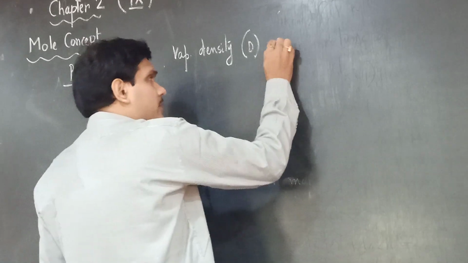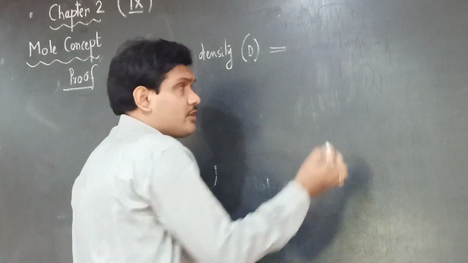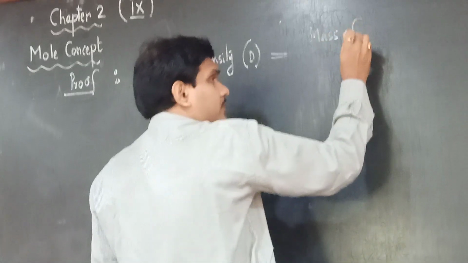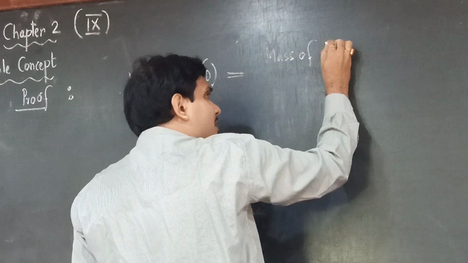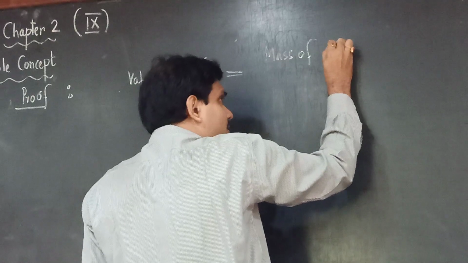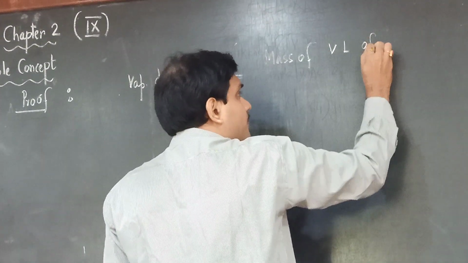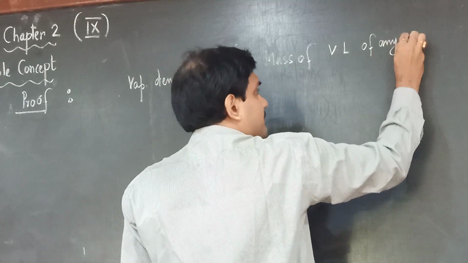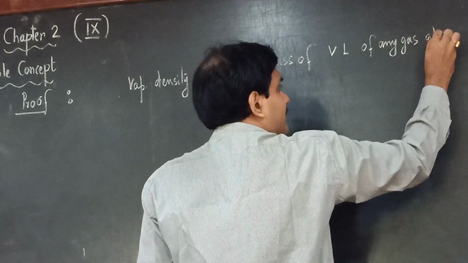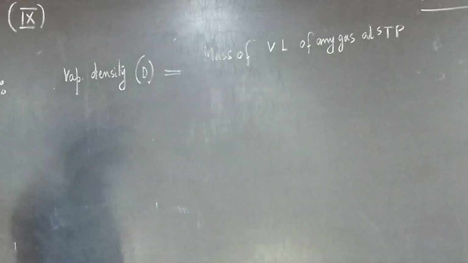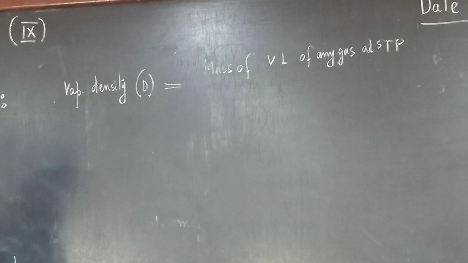So vapor density, what is it? It is the mass of any volume, say V liter, of any gas at STP.